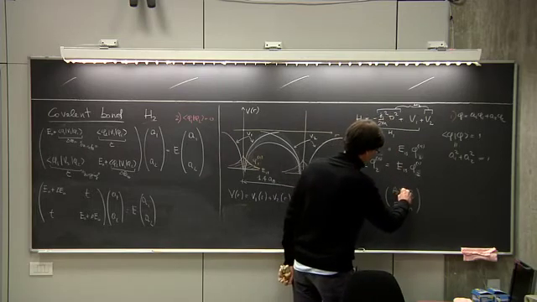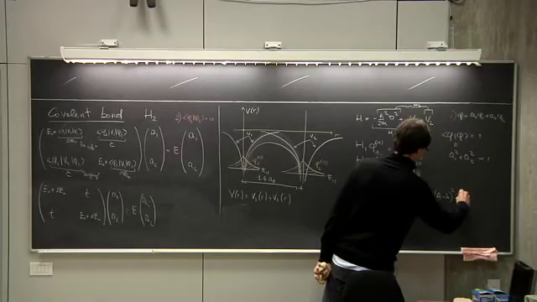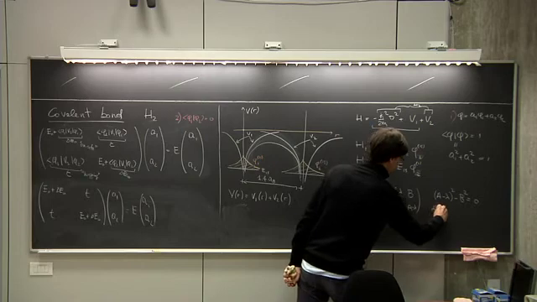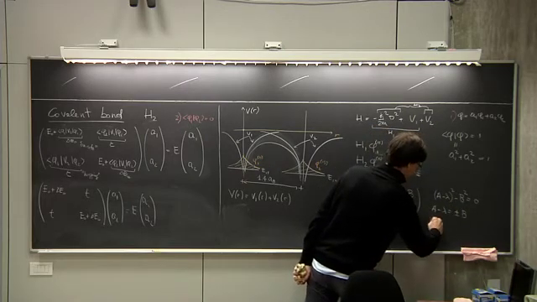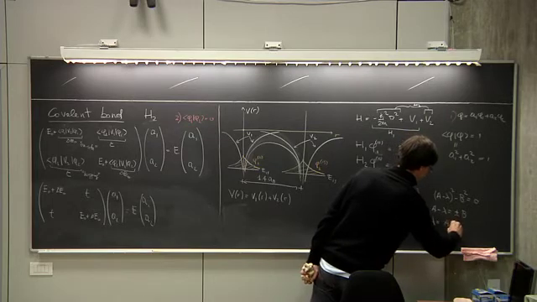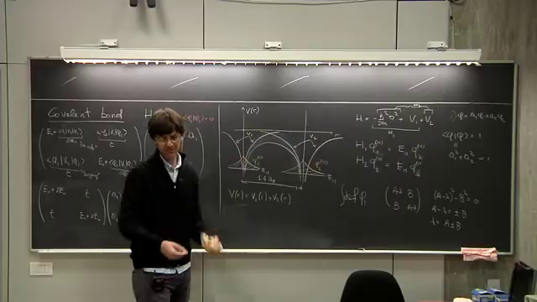Okay, secular equation, A minus lambda. Determinant of the secular equation: A minus lambda squared minus b squared equals 0. A minus lambda equals plus or minus b. Lambda equals A plus or minus b. Minus plus, whatever.